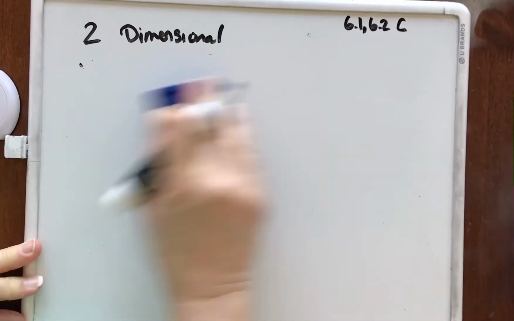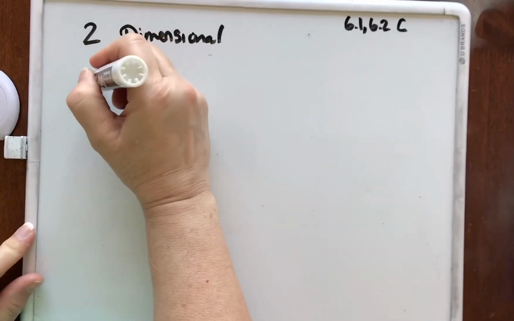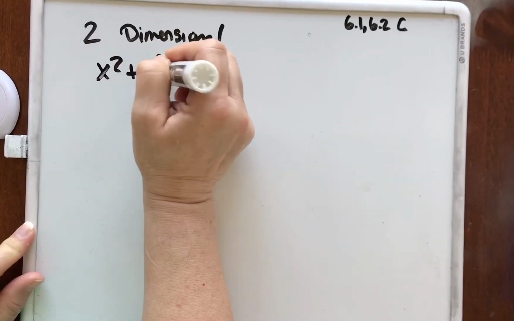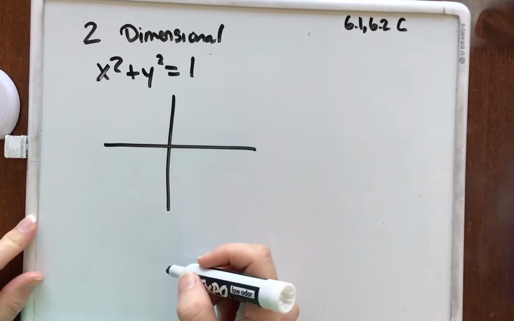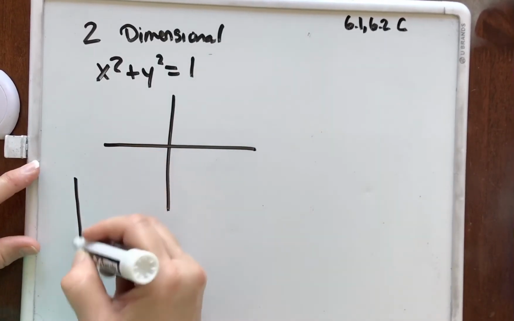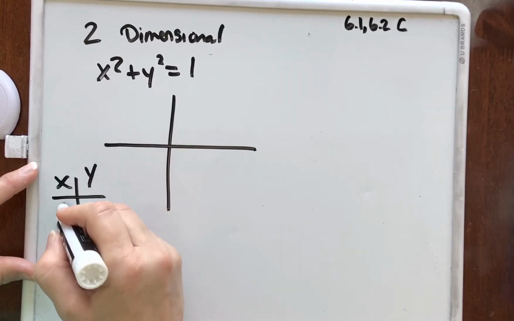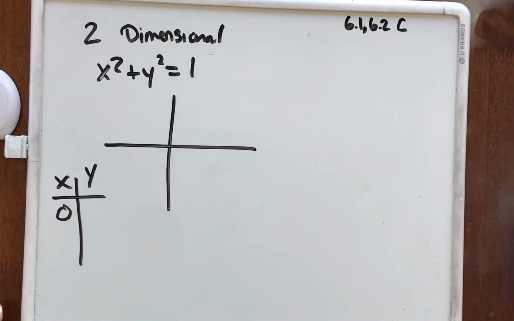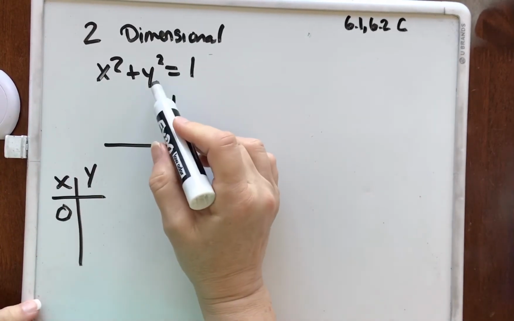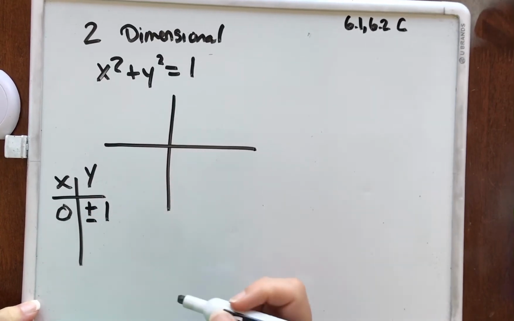Okay, so let's start with the equation x squared plus y squared equals 1. I'm going to put x, y. If x is 0, then what's y going to be? Well, y squared equals 1, which is plus or minus 1.